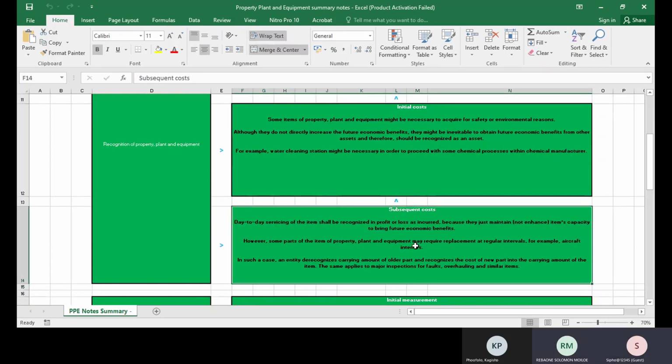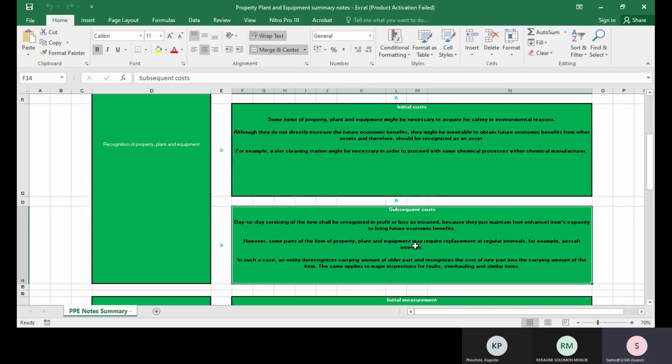Subsequent costs: day-to-day servicing of the item shall be recognized in profit or loss as incurred, because they just maintain, not enhance, the item's capacity to bring future economic benefits. Let me make an example.